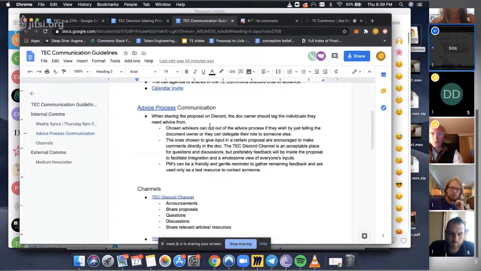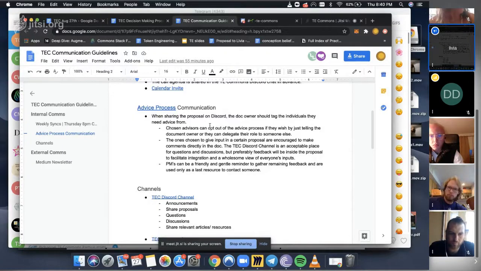And the advice process communication is that whenever you're sharing a proposal on Discord, and after you have evaluated who the people are that are going to give advice on your proposal, these people should be tagged. So you let them know that they are going to be giving advice, and they have the chance to opt out, to say, I don't want to give advice on this proposal.